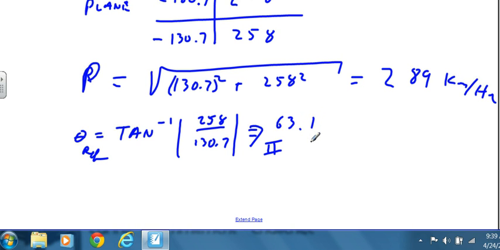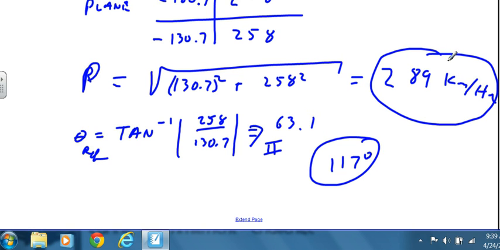Gee, that doesn't make any sense, does it? So 180 minus 63 gives me 117 degrees. Okay, well, I guess that makes sense. 117 degrees. So the wind's not blowing me too far off course, but it is blowing me a little bit off course.